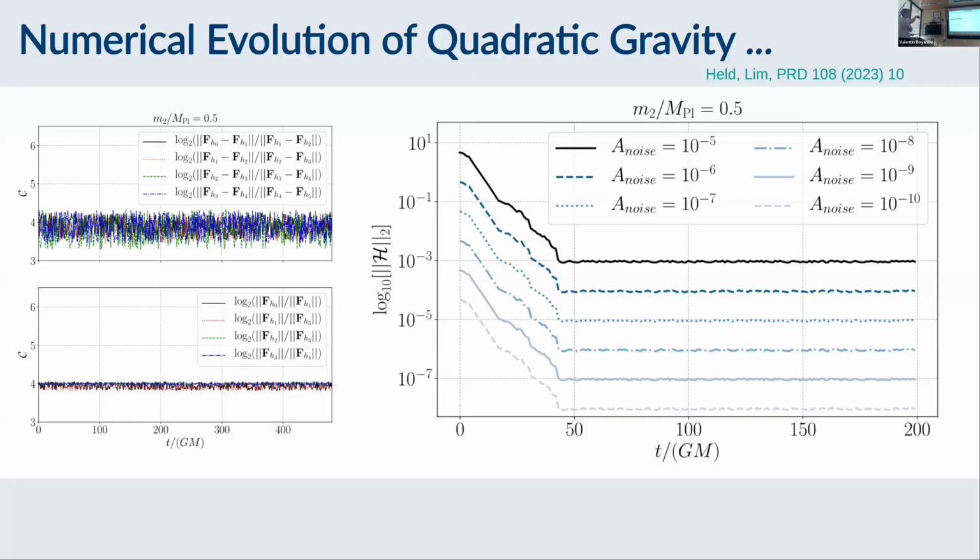You just divide appropriately simulations with the respective resolution, and I think this is a very good way of testing that the numerics is fine and that there's no numerical instability present. Notice that numerical instability is something different than physical instability. So it can still be that there's a physical instability, but it's numerically stable.